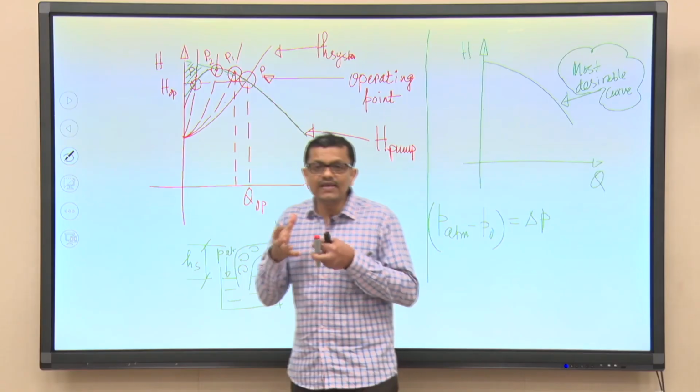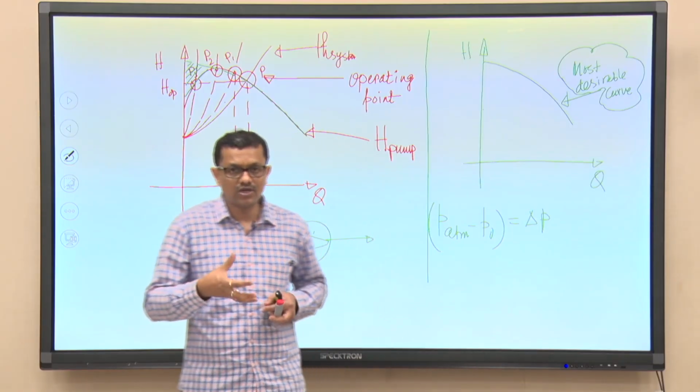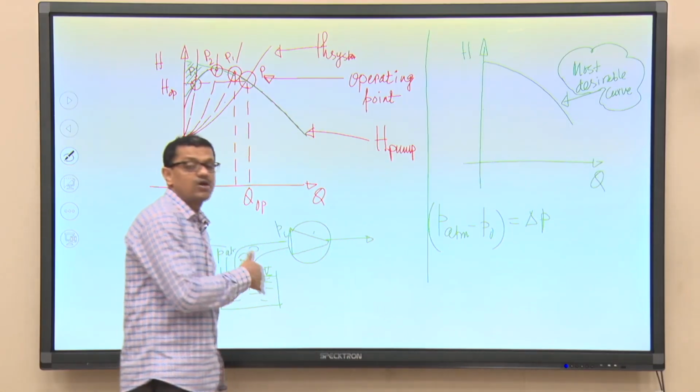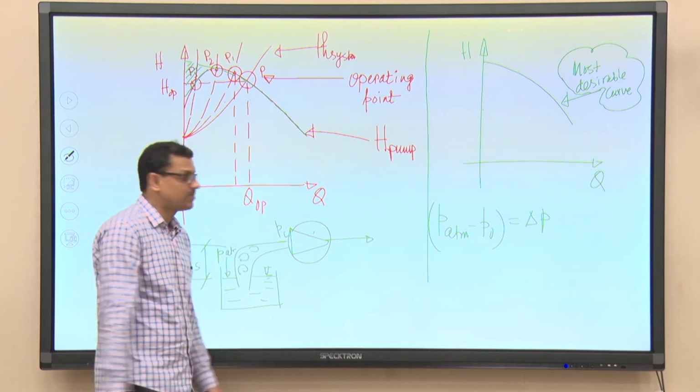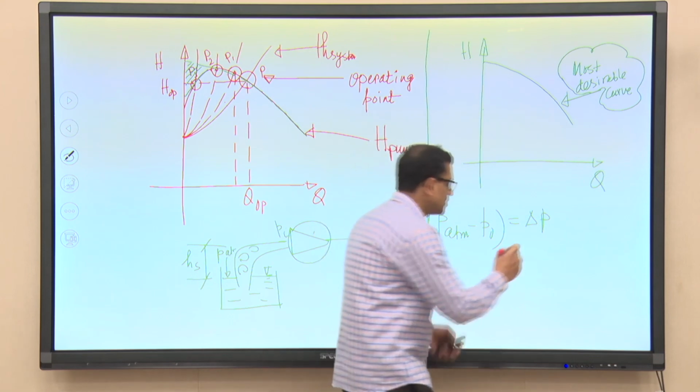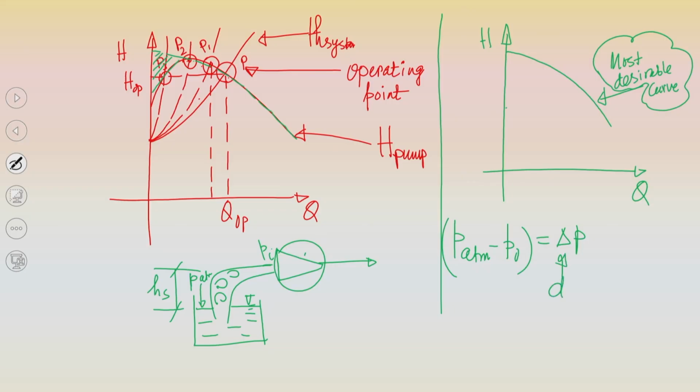Only this delta P is the driving force for a continuous flow of fluid from the reservoir to the inlet to the pump. So, this is the driving pressure.